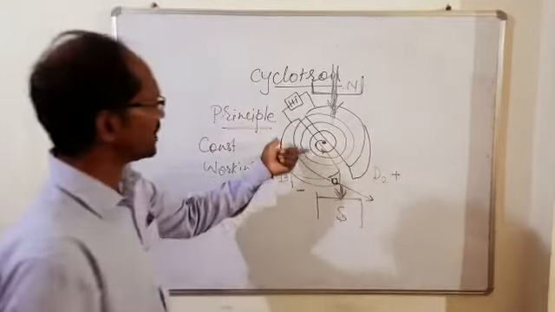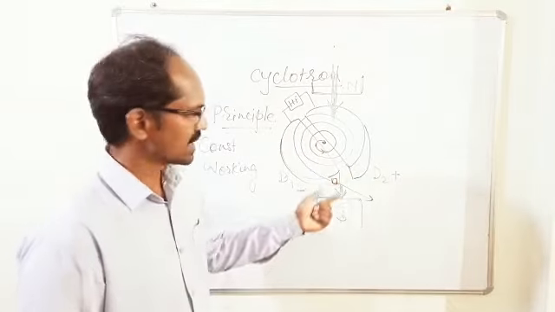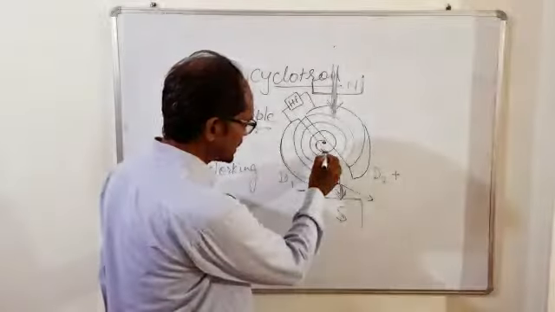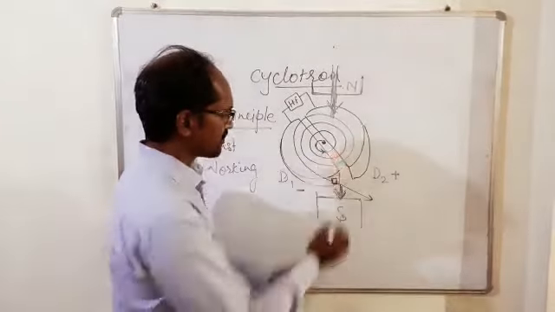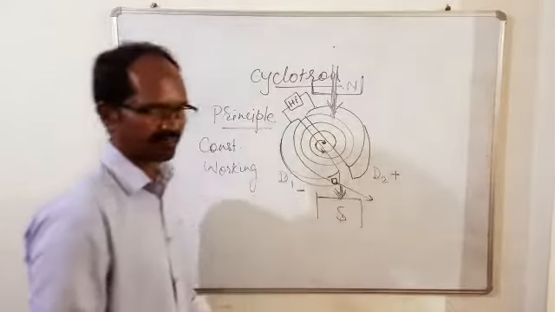In the same time, the polarity of D2 and D1 is again changed. Now D2 becomes negative, so when this charge particle reaches here, it is attracted with greater velocity towards D2 and completes a greater half circle in the same time.